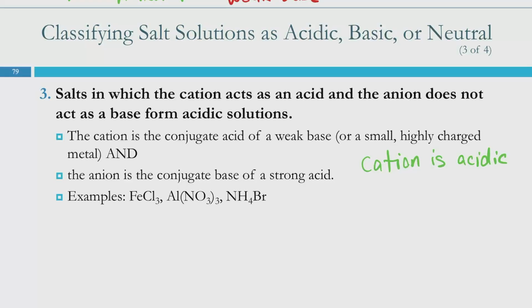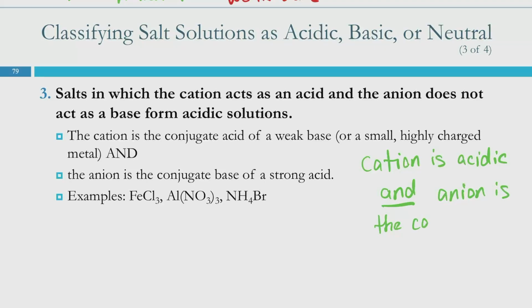This is a little bit more complicated. So our cation is acidic and the anion is the conjugate base of a strong acid.